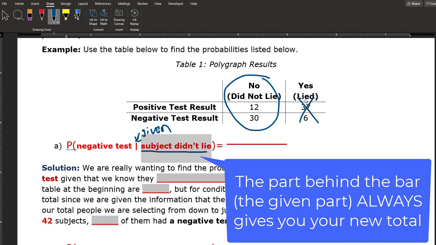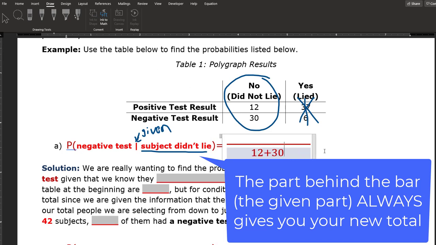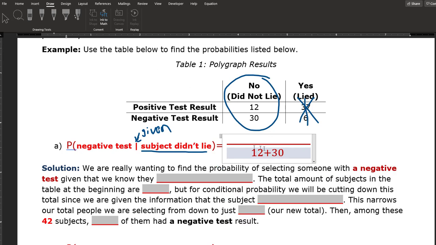So these people aren't even in consideration for this problem. So what does that mean for us? That means you're going to have a new denominator. The part that's behind the bar gives you the new denominator that you work with. In this case, it'll be 42, okay, that we use for our denominator.